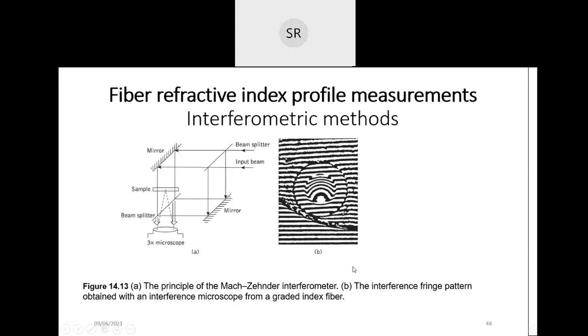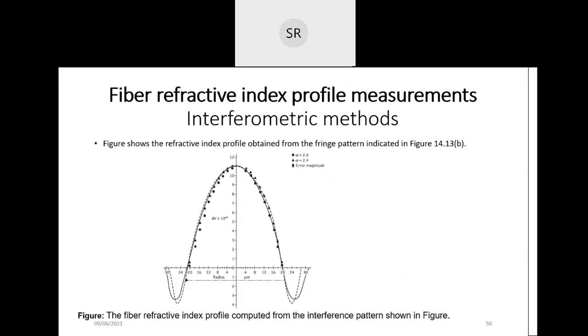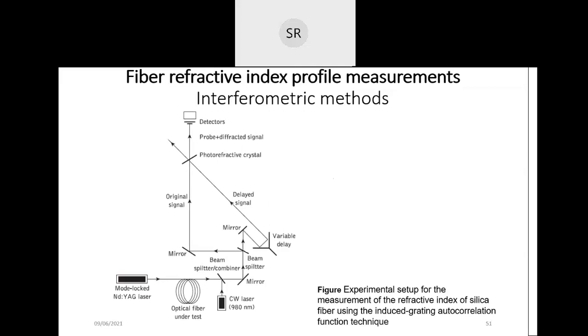In this method a light beam is perpendicular to the slab, and then we get the interference fringe pattern. But this method is difficult because we need to prepare the fiber sample for measuring the refractive index profile.